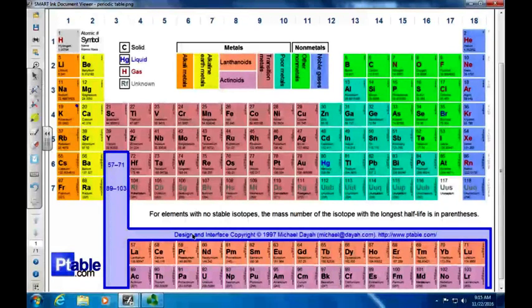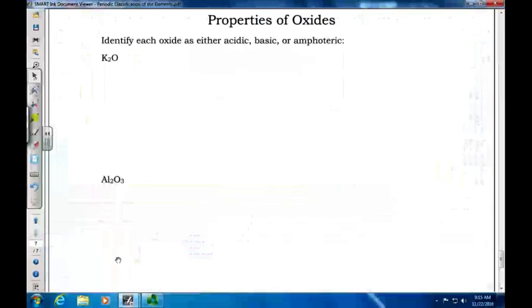So we have potassium right over here, and so it's considered an alkali metal. Because it is an alkali metal, it would be considered a basic oxide. If it's an alkali metal or an alkaline earth metal, it's going to be a basic oxide. So, basic.